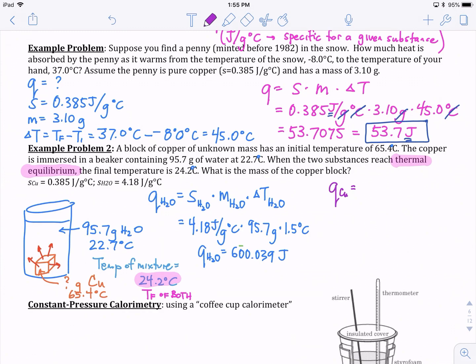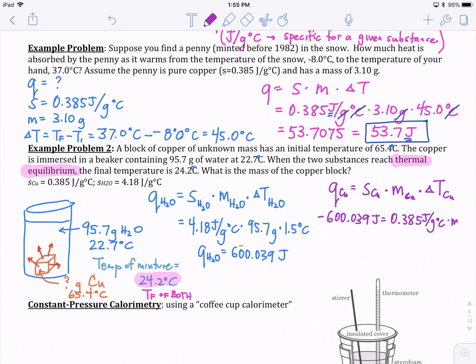So our heat of the copper is going to be equal to our specific heat of copper times our mass of copper times our delta T of copper. In this case, because the water gained 600 joules from the copper, we can assume that the copper lost 600 joules of energy. We know the specific heat of the copper.